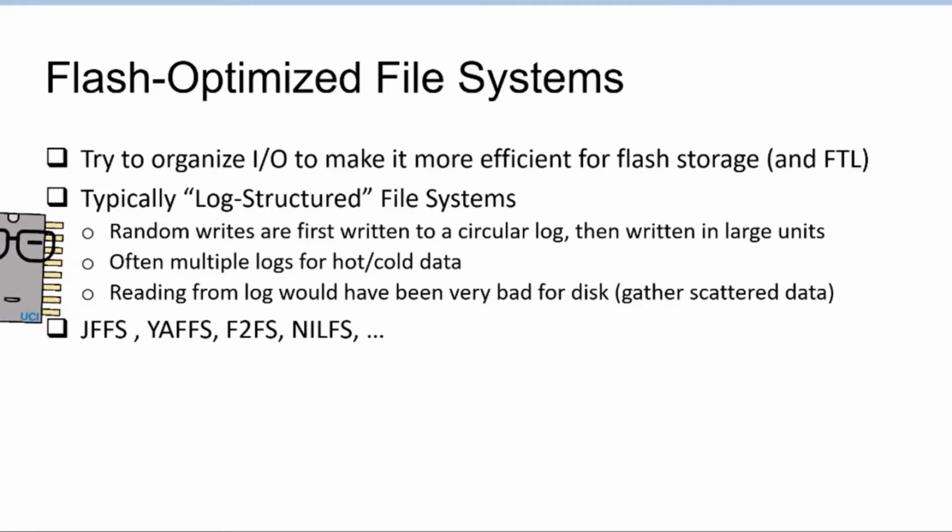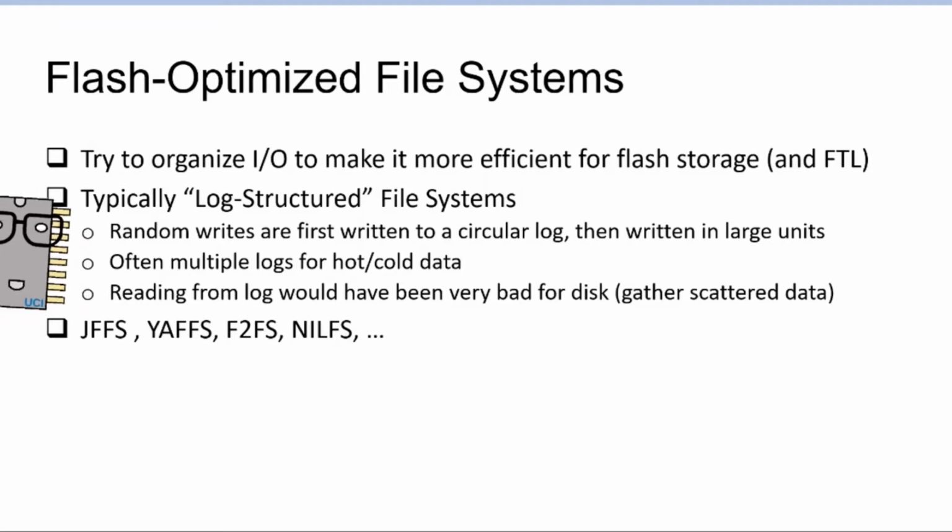You might be sending an fwrite to 128 bits somewhere, for example. These random writes, instead of being applied directly by doing a page read, modify, and then a page write, are first written to a circular log in host memory inside the file system. Then only when the write units become big, they're applied all at once.